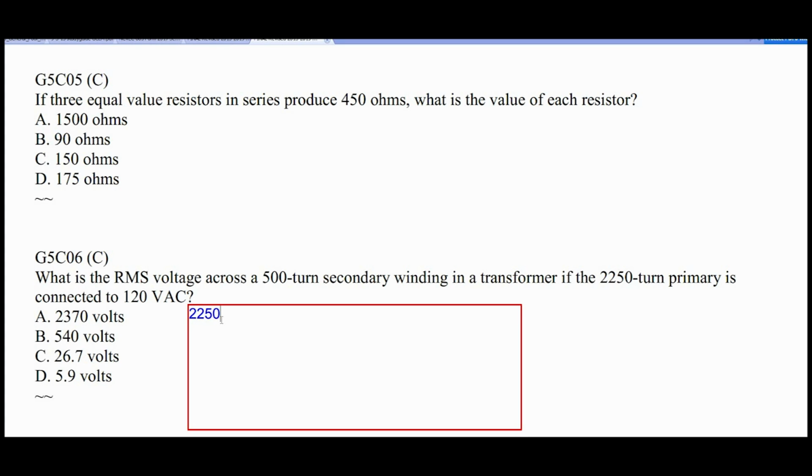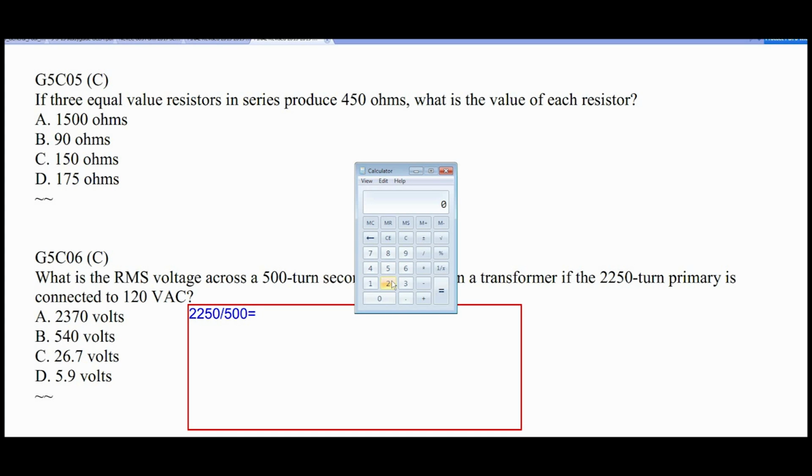So we've got 2250 divided by 500 equals, I'm going to cheat again with a calculator. I'm too tired to figure this out. So it's 2250 divided by 500 equals about, okay, 4.5 turns.